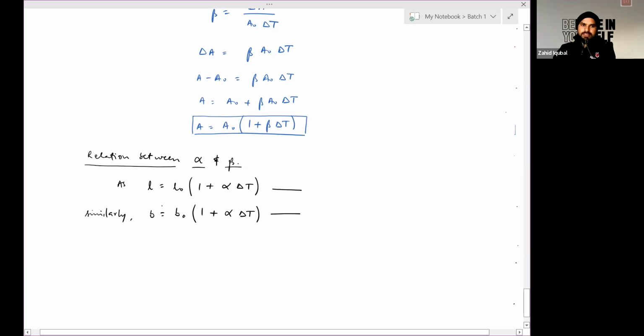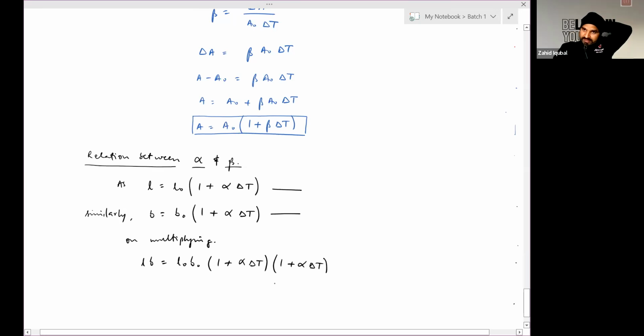Since these two are nothing but length in different sense, on multiplying, you'll get L into B equals to L naught B naught 1 plus alpha delta t and 1 plus alpha delta t. Both having same base, so it will become A naught 1 plus alpha delta t to the power 2.